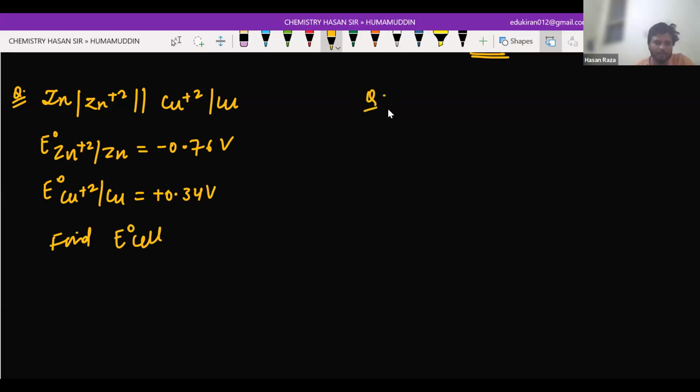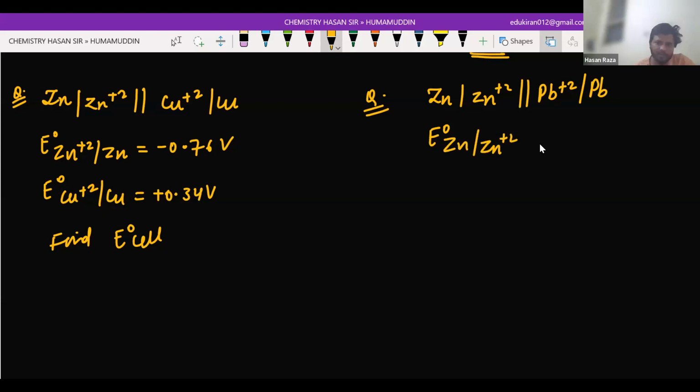There is another question on the same. Zn/Zn+2 double slash Pb+2/Pb, and it is given that E naught Zn/Zn+2 is 0.76 volt, and E naught Pb+2/Pb is minus 0.13 volt.